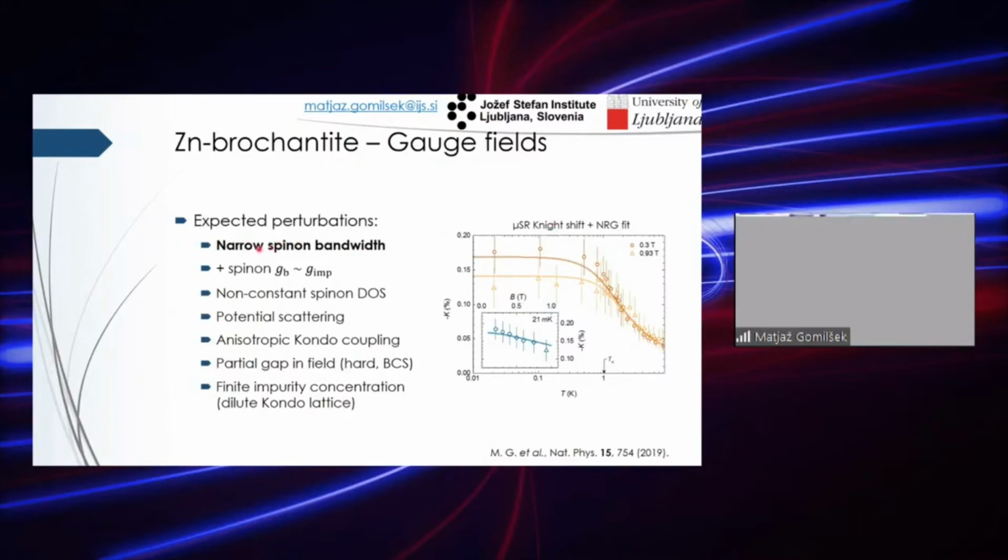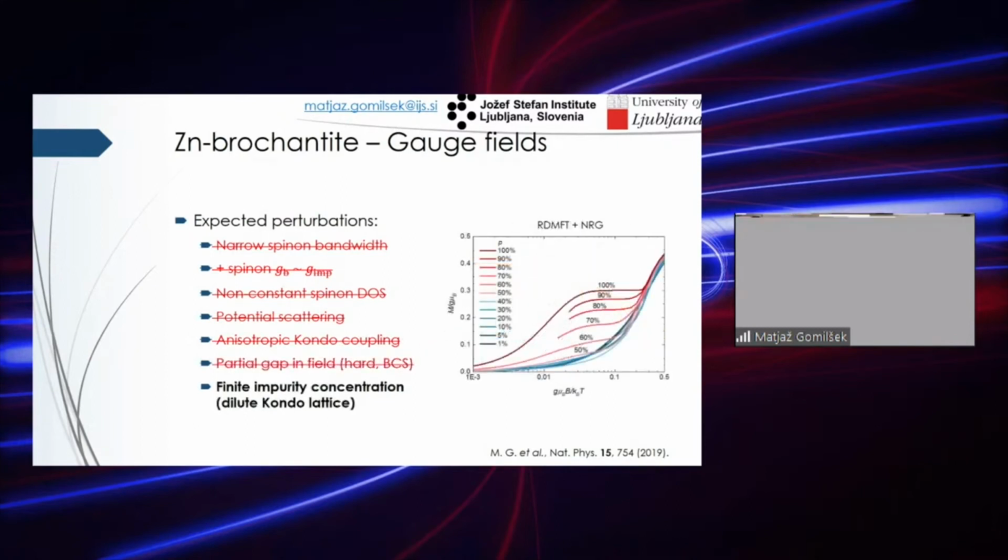So either we include a narrow spinon bandwidth as a perturbation, which doesn't give good agreement, or we include the g factor for the spinons, or a non-constant spinon density of states across the Fermi level instead of a constant, or potential scattering of spinons off the impurity, or even anisotropic Kondo couplings, so where you get XXZ type anisotropies in the coupling between the impurity spin and the itinerant spinons, or even partial gap opening in the spinon spectrum, either a hard gap or a BCS gap, which gives actually an opposite effect in field to what we need.